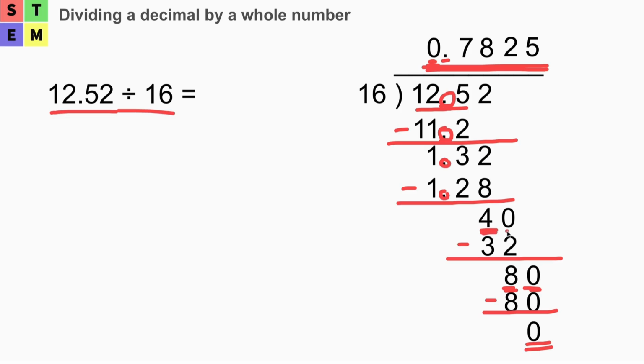If it's not 0, we keep adding 0 and continue the calculation to find the next digit, again and again until we find the remainder equals 0, or until we want to stop the calculation. The final result we've got is 12.52 divided by 16 equals 0.7825.